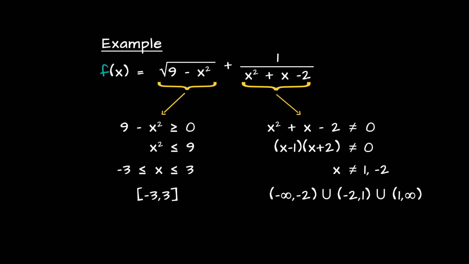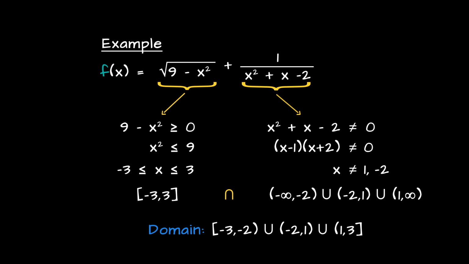Well, in order for a number x to belong to the domain of f, it must be the case that it belongs to the closed interval from negative 3 to 3, and that it does not equal 1 or negative 2. So the domain of this function will be the intersection of the two sets of real numbers that we found by examining the two additive terms of the function.